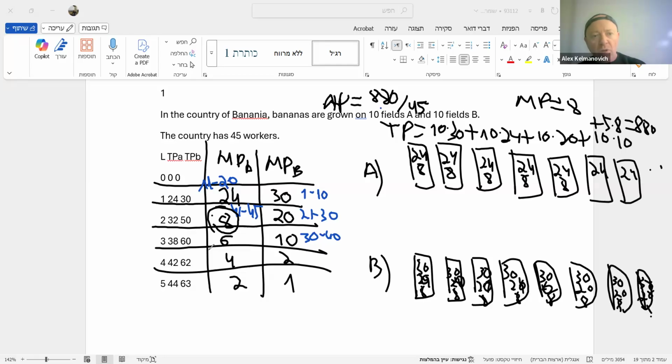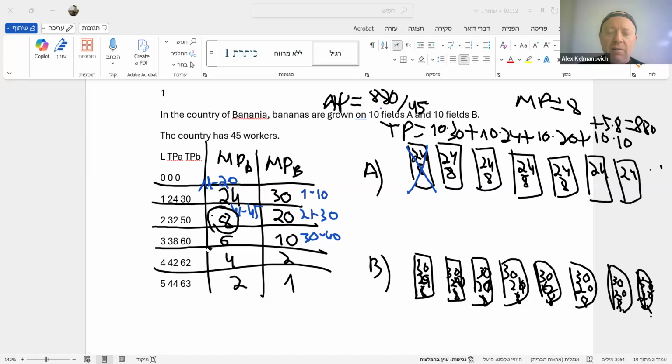Okay, so in order to do it, we delete one field. We delete one field A. It doesn't matter which field, because we have fields with two labors and a field with one labor, but it's the same result.